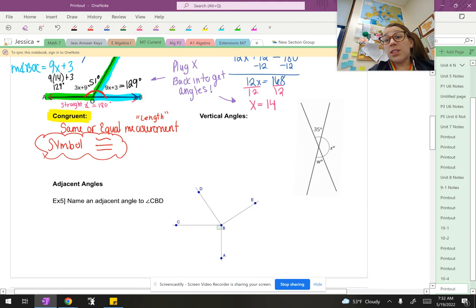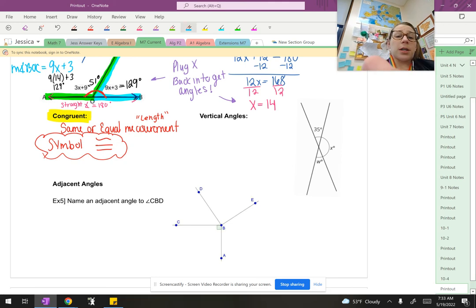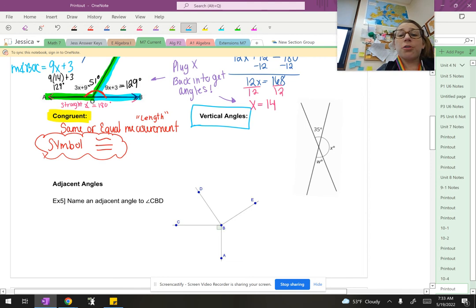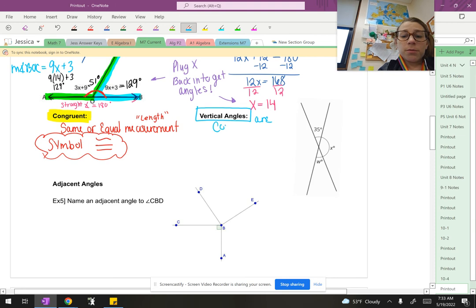All right, and the reason we need to talk about what congruent means is because our third angle relationship here is vertical angles, and vertical angles are special because they are congruent to each other. So vertical angles are congruent.